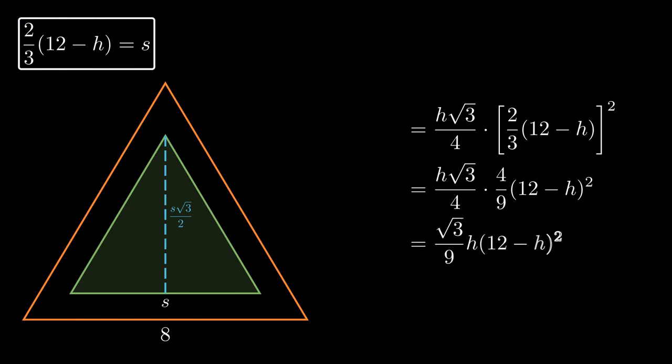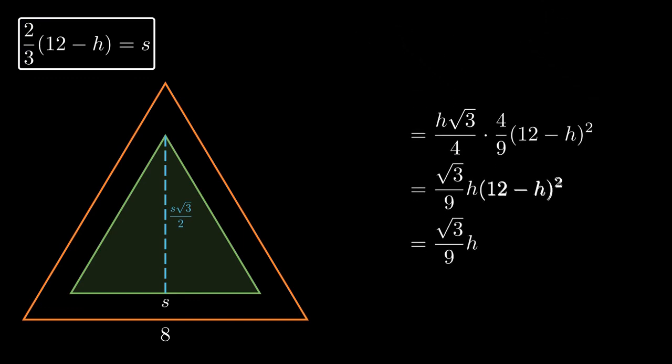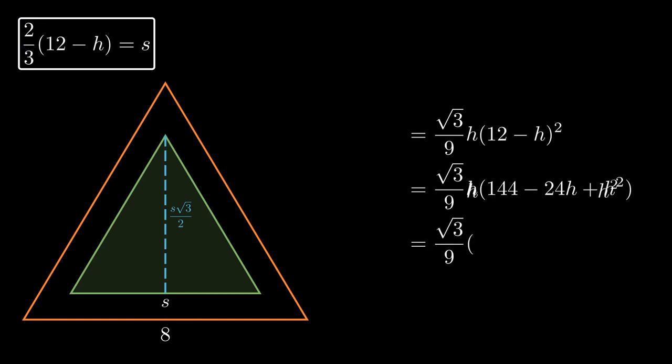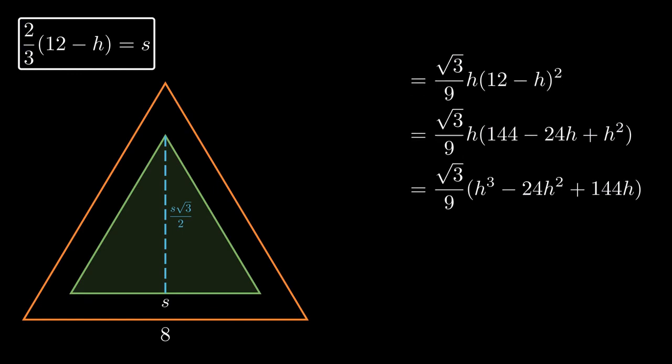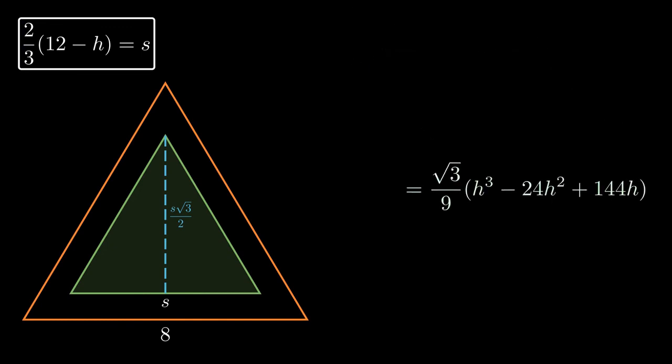Well, this is just algebra that you need to be good at. Combining. I put it in descending order because that's more normal. And that is what we're looking for, part A.